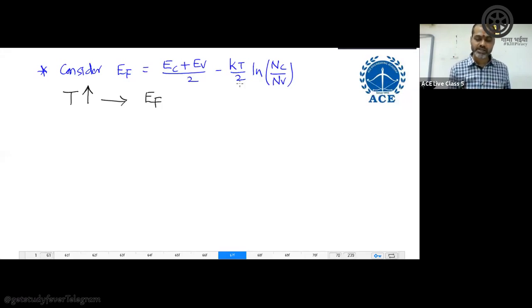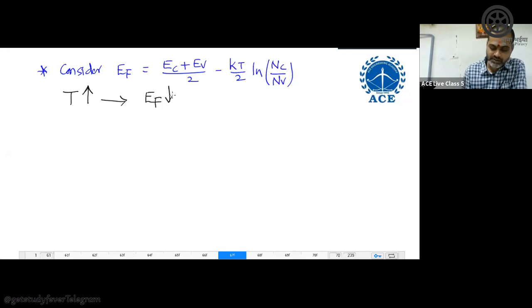Now if you increase the temperature, T is increasing here, am I correct? And the subtracted value is going to increase, which means EF is going to decrease, or EF moves downwards. Please try to understand.